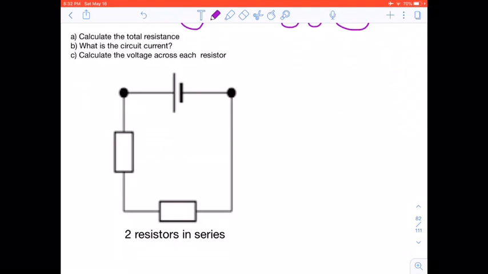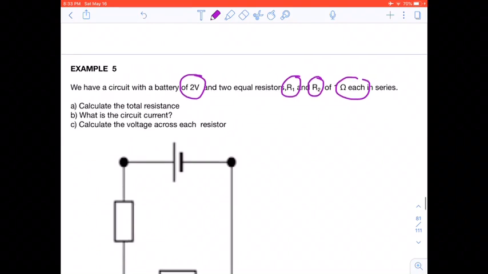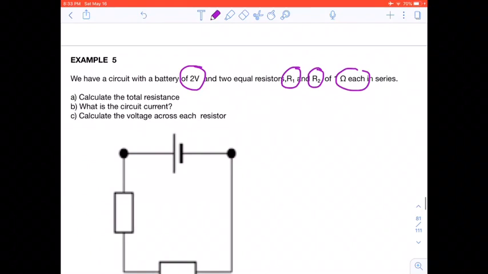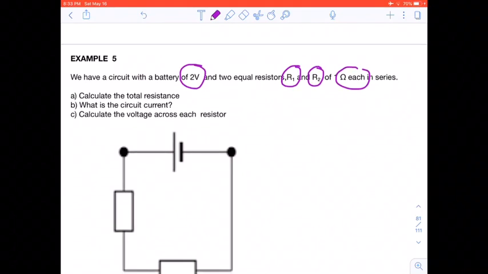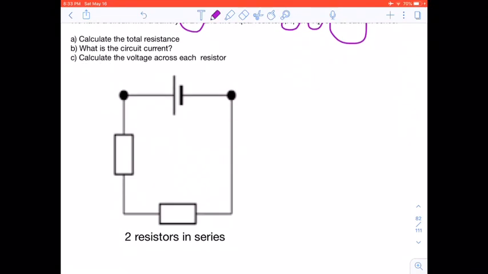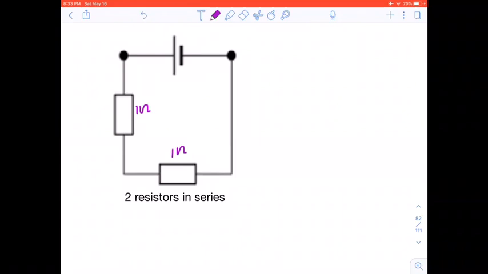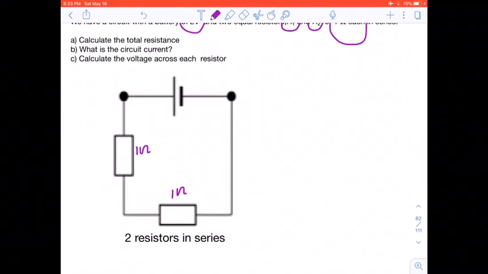This one is 1 ohm and that one is 1 ohm, right? Now the question says calculate the total resistance.